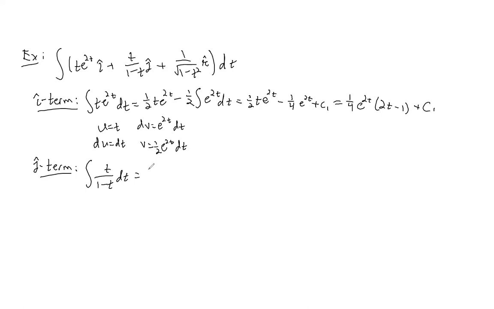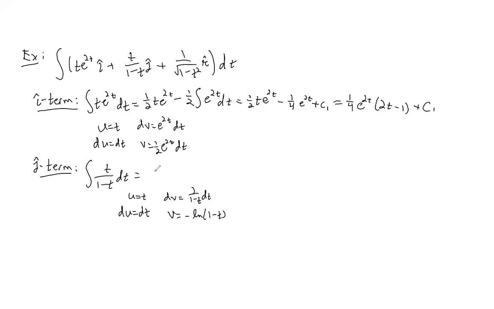There are a couple of ways we can do this, though. Let's try it both ways. So you can either do u equals t, so du equals dt, dv equals 1 over 1 minus t dt, and v equals, in this case, negative ln of 1 minus t.